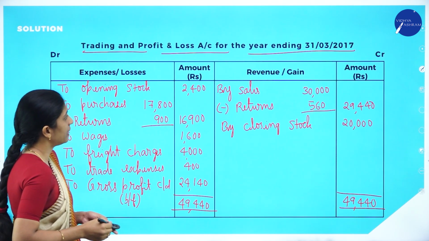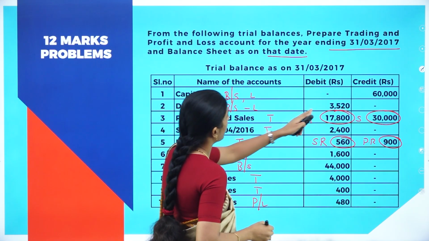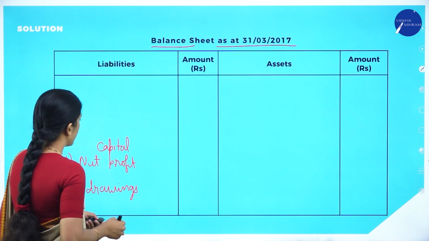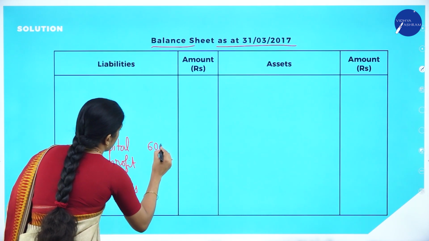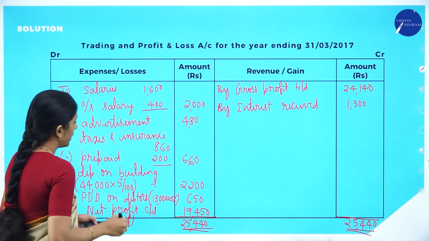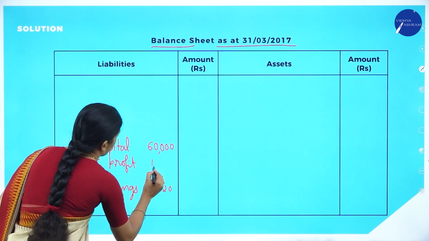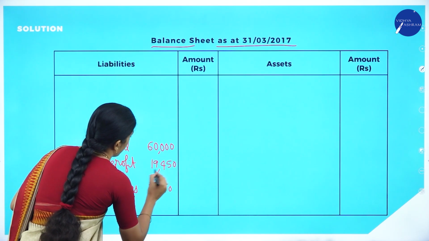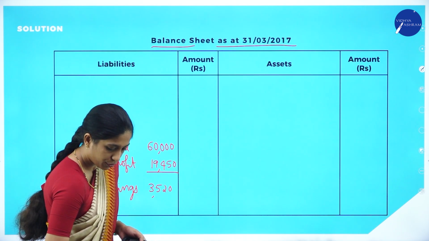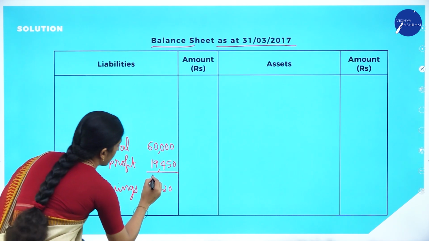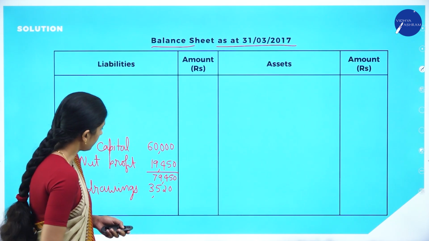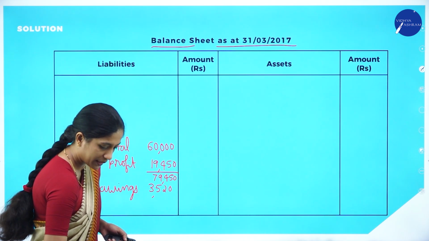So let's see the capital. Capital 60,000, drawings is 3,520. Let's see the net profit, 19,450. So 60,000 plus 19,450, it will be 79,450 minus 3,520.